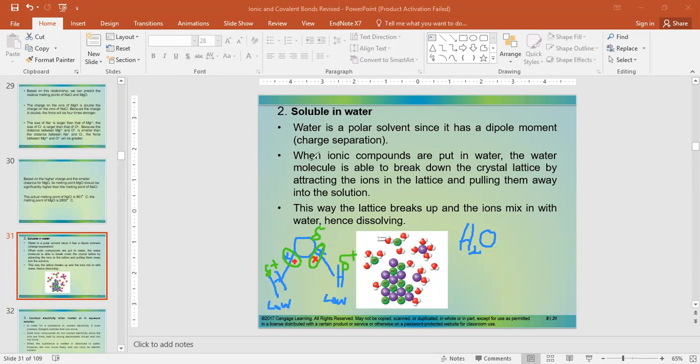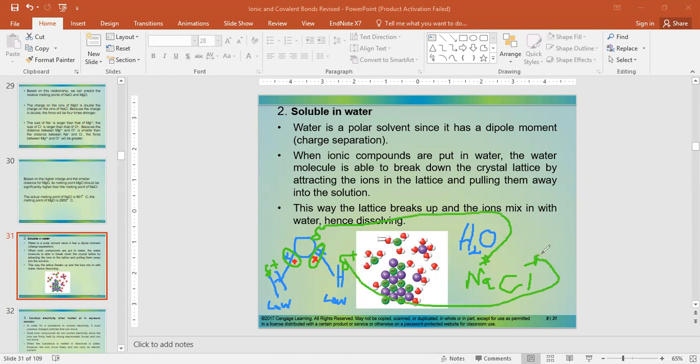So when ionic compounds are put in water, the water molecule will break down the crystal like this by attracting the ions in the lattice and pulling them away. So when you bring sodium chloride, remember this carries a negative charge, this carries a positive charge. So there is going to be interference so that this negative gets attracted there and these positives get attracted there.